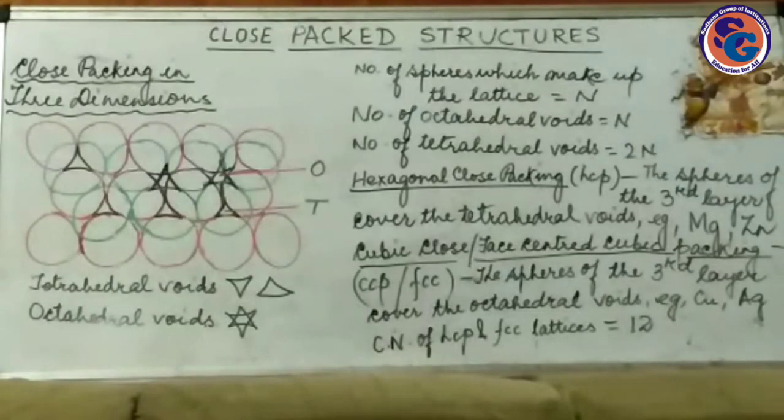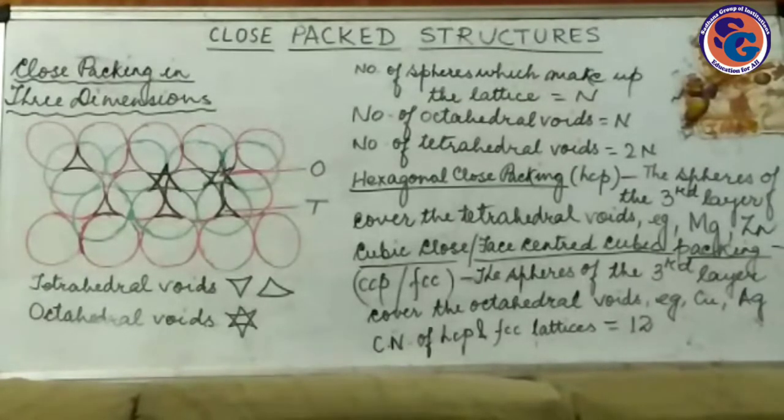The first case is if the spheres of the third layer exactly cover the tetrahedral voids, then the packing is known as hexagonal close packing structure, or it can be abbreviated as HCP. Some metals like magnesium and zinc crystallize in hexagonal close packing structure.